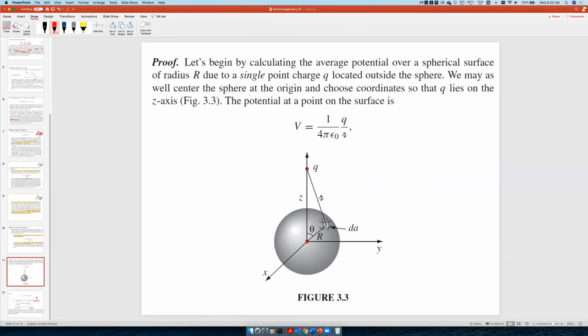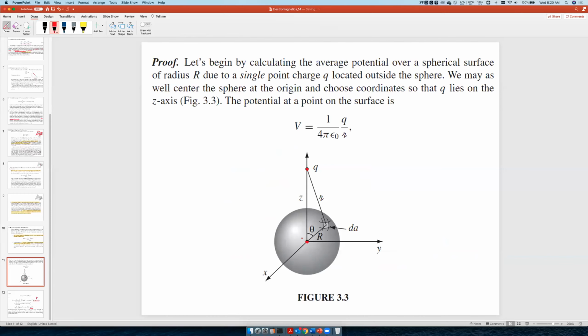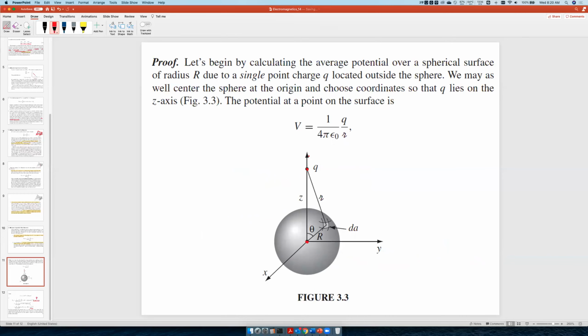It means if you do an average on this surface of a sphere, then you get the same value as at the center. So you have proved feature 1 for a single charge.